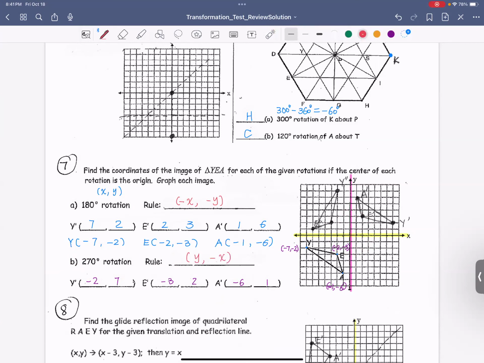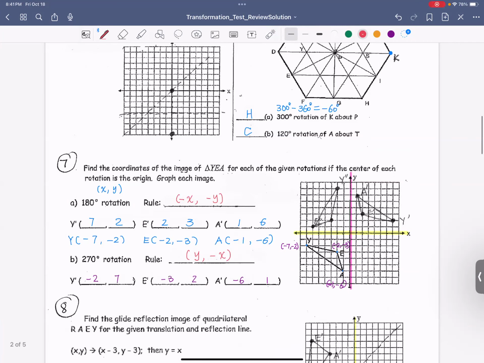When you rotate, here is a quick way to help you write down this rule very quickly.